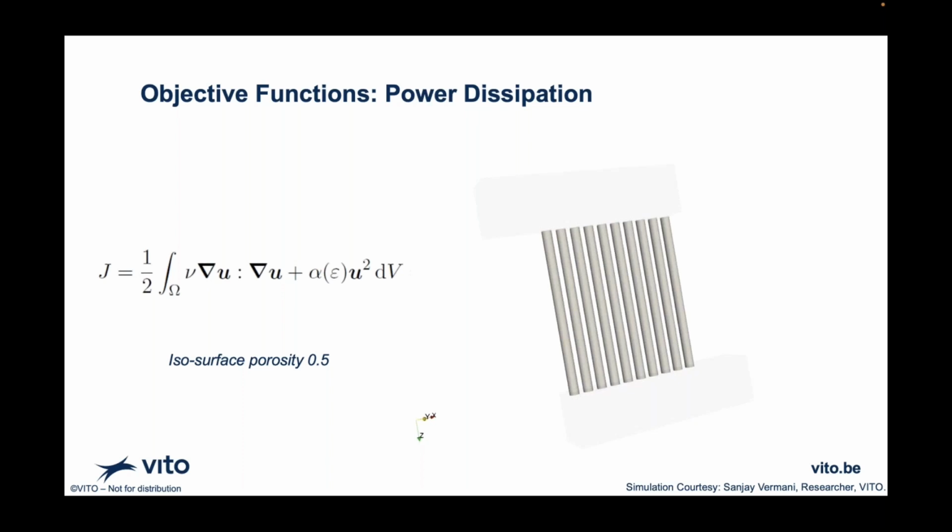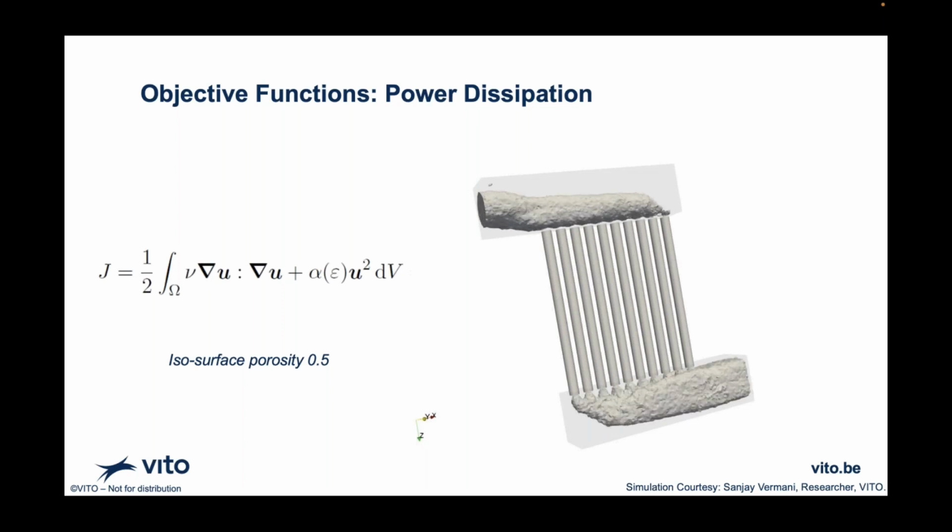I'll not go into a lot of details of this, but you can see a very nice design coming in at the inlet, and for the outlet, you get a particular kind of design. But obviously, in a manifold, are we interested in power dissipation?